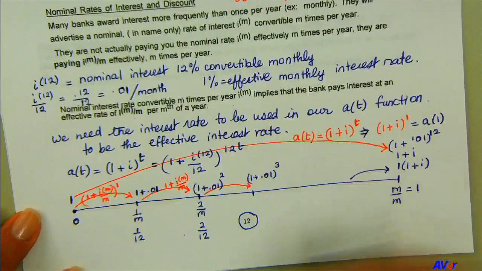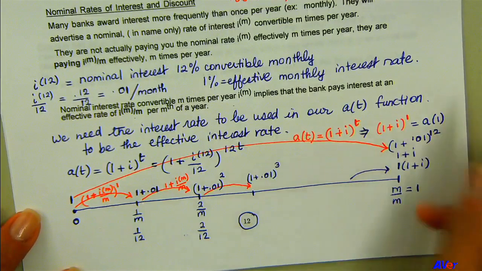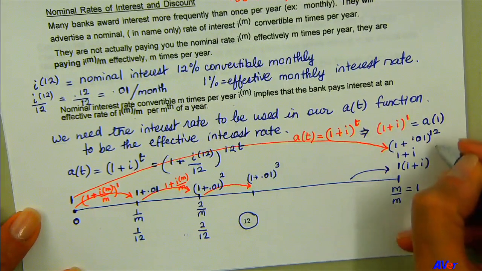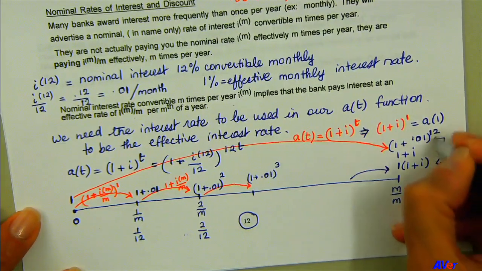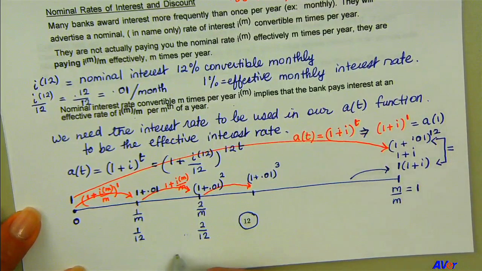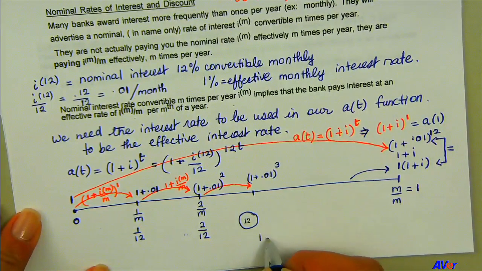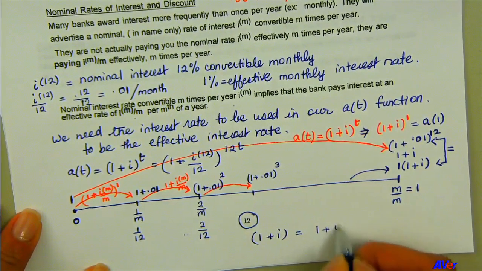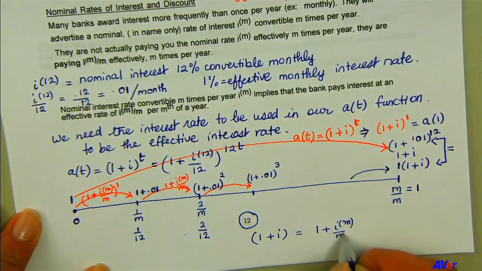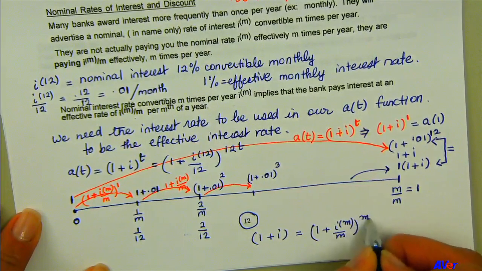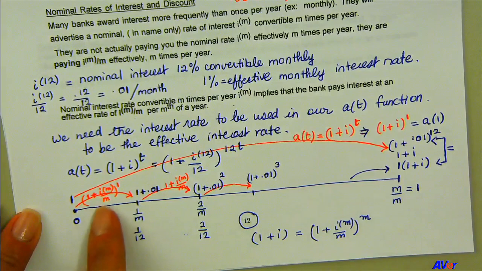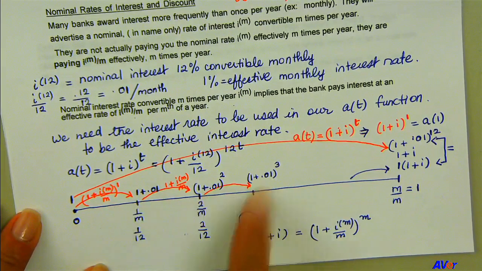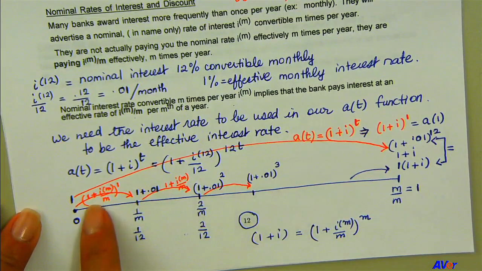So how about taking these two things and setting them equal? Couldn't I say 1 plus i is equal to (1 plus i^(m) over m) to the m-th power? So here I've used 0.01, 0.01, 0.01 to make it clear, but really what's going on is (1 plus i^(m) over m) to the m, right?